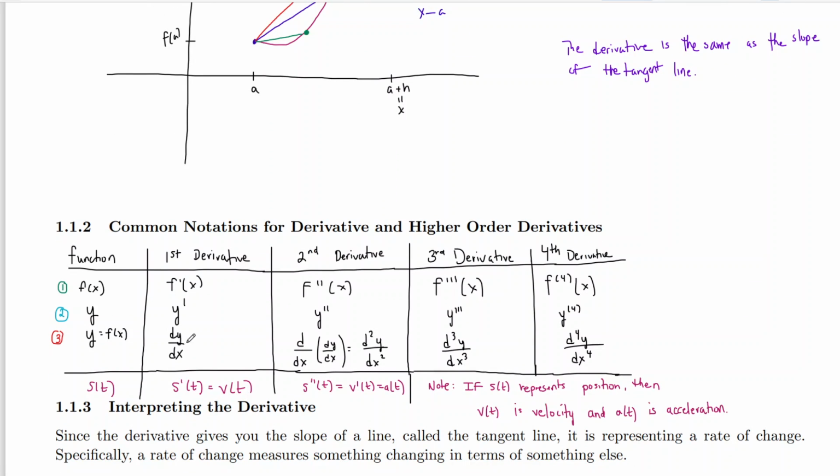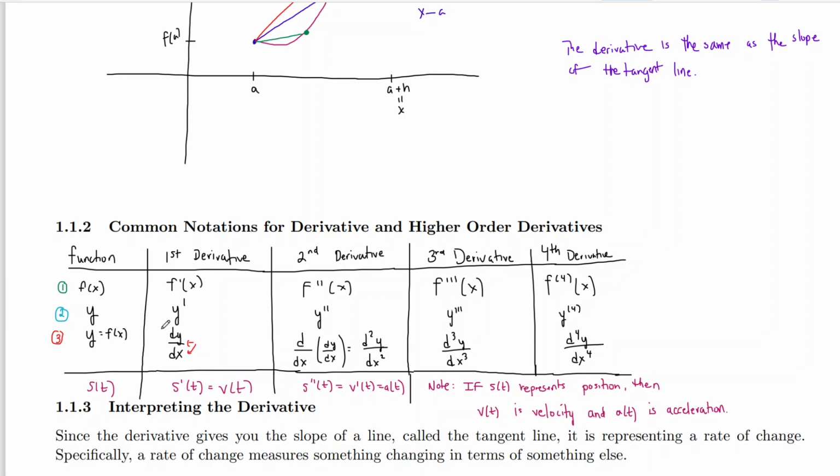Right? But most importantly, the derivative, first derivative, if you see dy over dx, that's all it means. One thing that I like about this notation the most is that it has the letter on top of your function, which is y, but it has the letter on the bottom that's the variable of your function, x. Y prime doesn't have that.